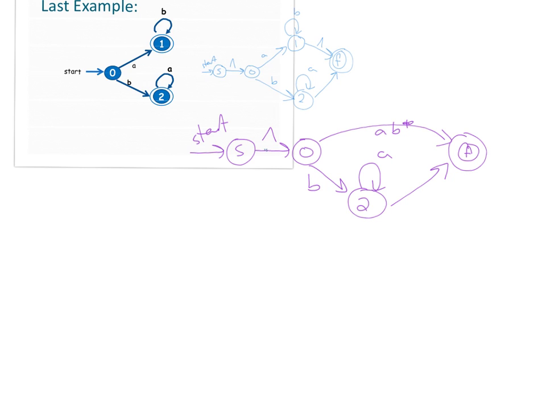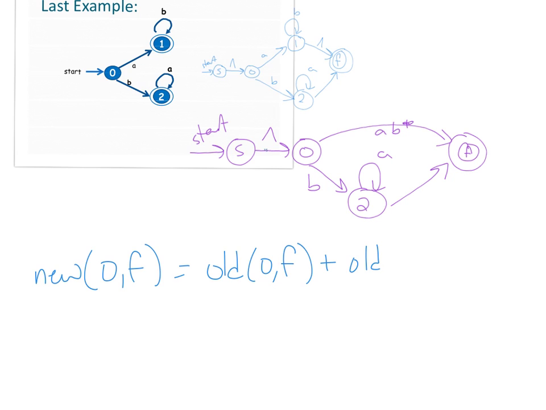So that means that the new 0 to f is going to be the same as the old 0 to f plus the old 0 to 2, and we're running out of space.